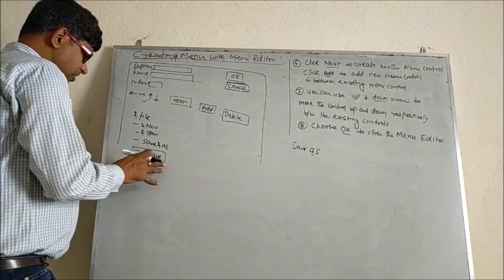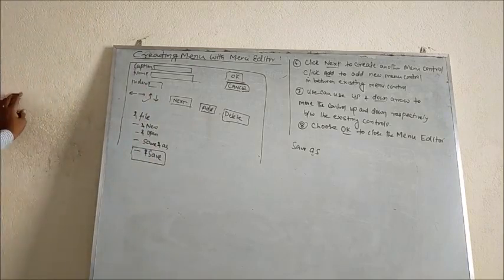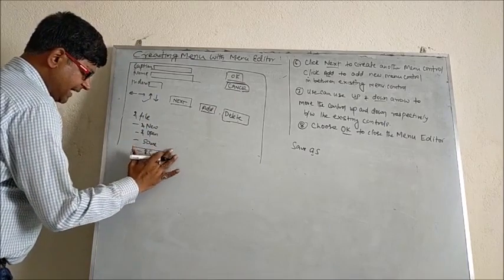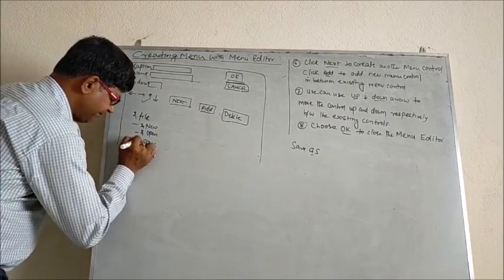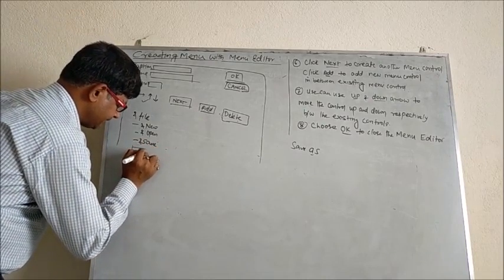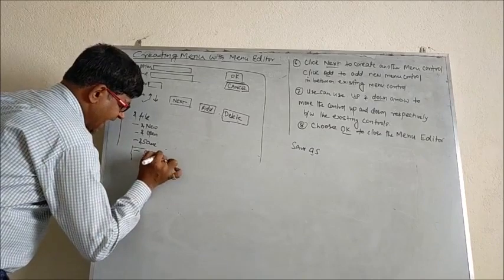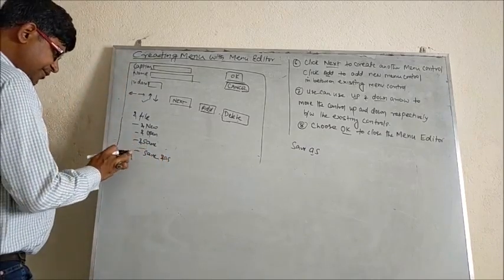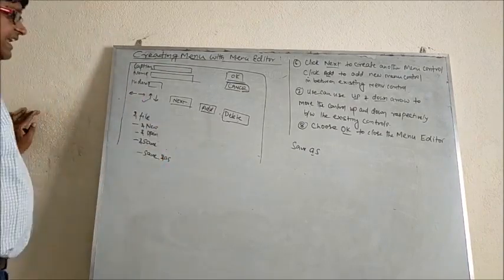I will press 1 up arrow, and automatically this will go here and Save As will come here, right? Like that it will come.